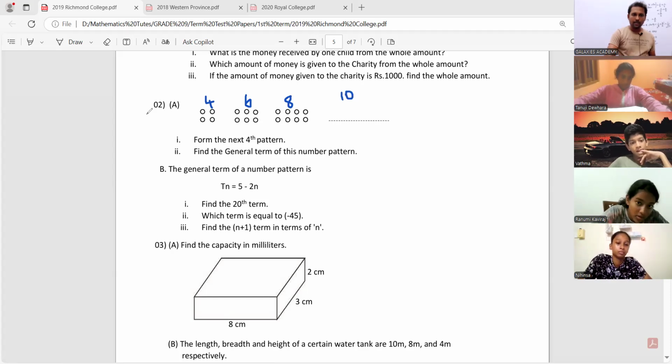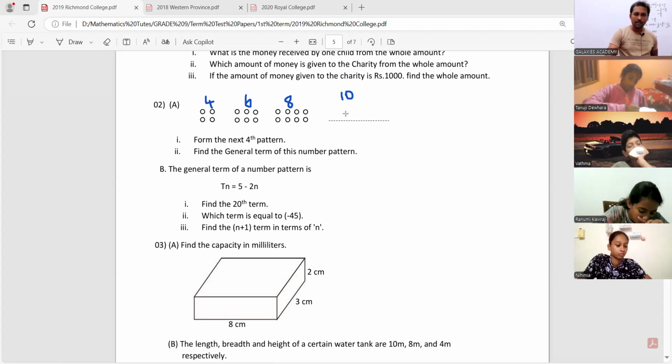How can you draw the dots? Two rows and 5 columns. Okay, 2 rows and 5 columns like this.